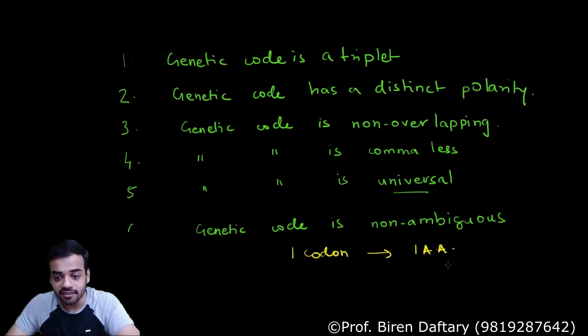For example, if I take the codon AUG, then that codon will only code for the amino acid methionine. It will not code for any other amino acid. If I take the example of GGG, then GGG will only code for glycine, it will not code for any other amino acid. So this is straightforward. One codon will only code for one amino acid.